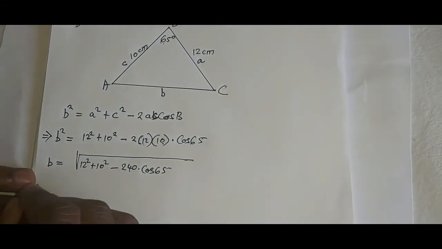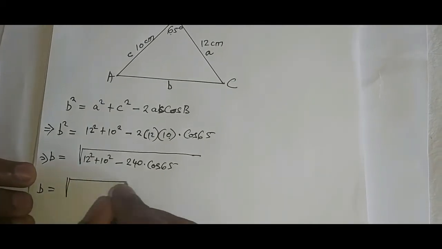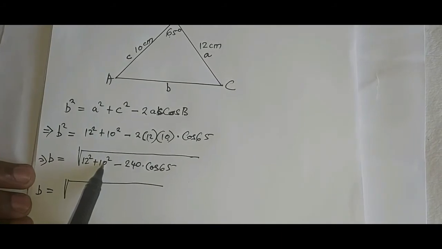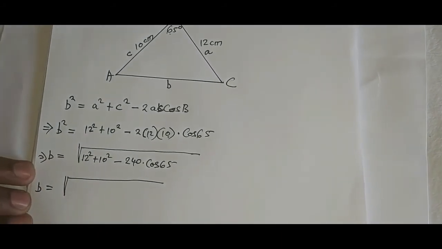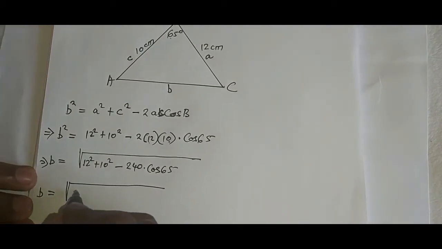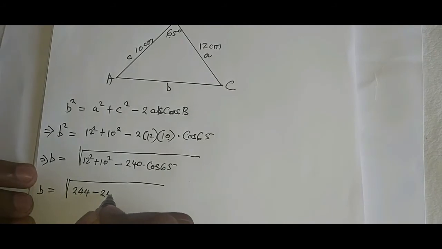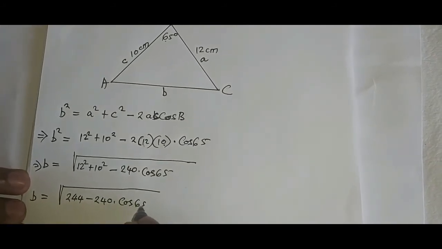So now my B is equals to the square root of 12 squared, that's 144, plus 100, which becomes 244, minus 240 multiplied by cos of 65.